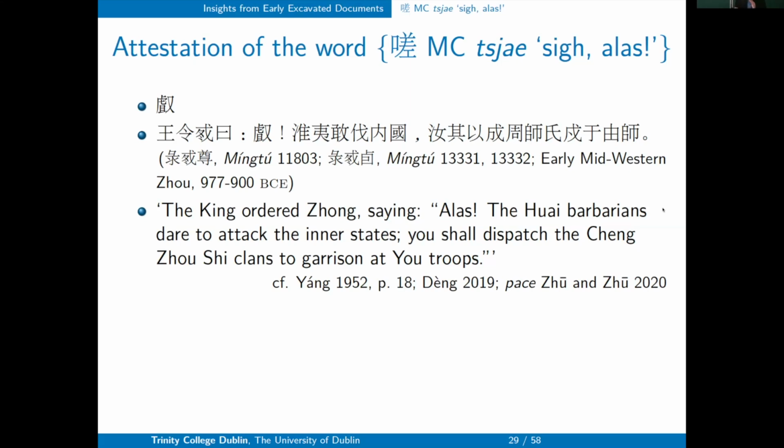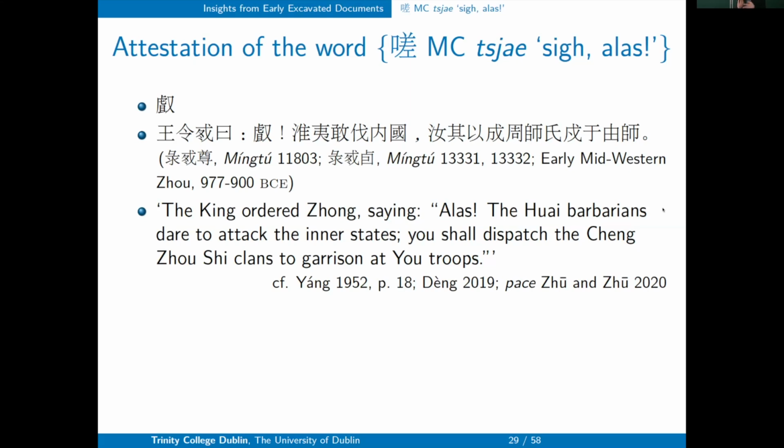And actually, this passage is at the beginning of the bronze inscription. So I believe it should be used as an interjection, following the interpretation of Yang Shuda and Deng Peilin.